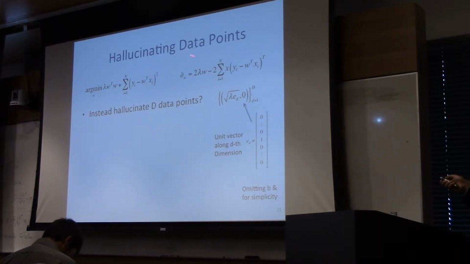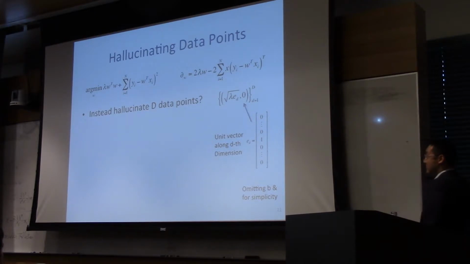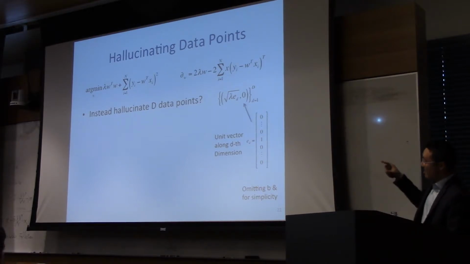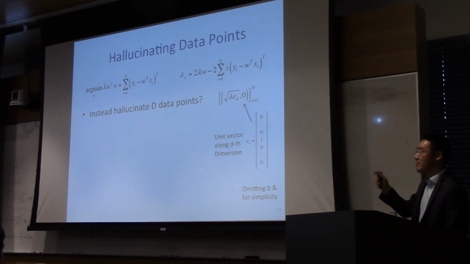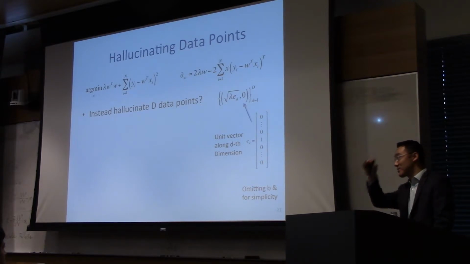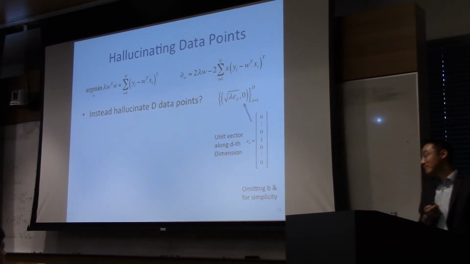You could actually check for yourself that with this set of hallucinated training examples, the induced squared loss gives you this. And if you do the mathematical matrix manipulations, you can manipulate this into a ridge term with a diagonal matrix multiplied by lambda.